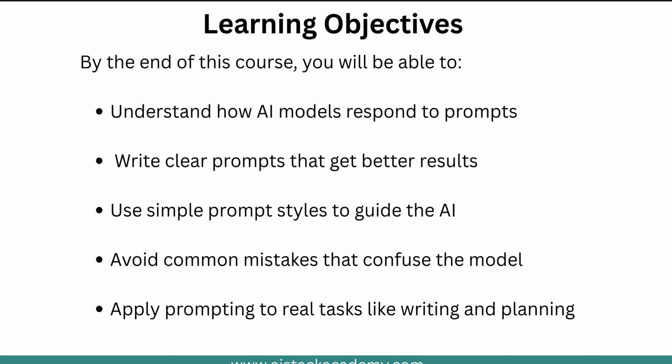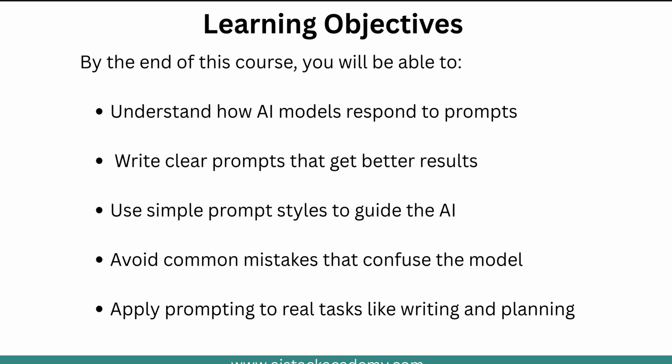As I said earlier on, my goal is to help you write better prompts. By the end of this class, you should be able to understand how AI models respond to prompts. You should be able to write clear prompts that get you better results. You should be able to use simple prompt styles to guide the AI to get the results that you want. Of course, you'll be able to avoid mistakes that confuse the model and end up confusing you.